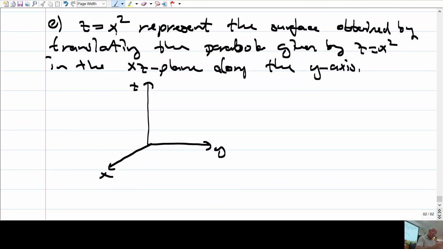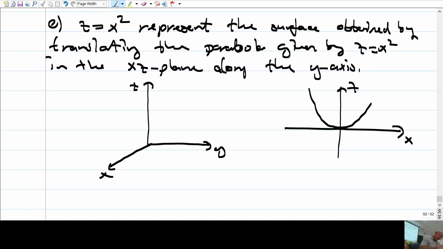You take the parabola in the xz plane given by, so suppose this is the x-axis and this is the z-axis, you have this parabola here, okay? If I draw that parabola over here, I would get something like this, right?